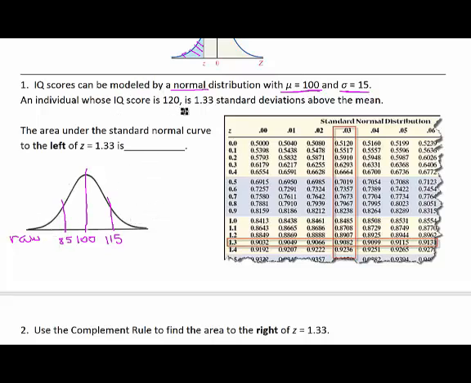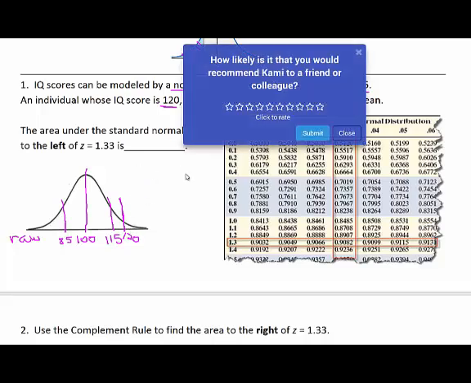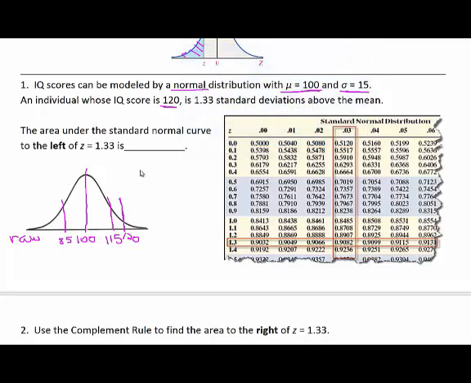Okay, so now it says an individual whose IQ score is 120. So that means they're falling way over here. So this is our 120 mark. Okay, the z-score is 1.33. And how they get that is they just use their z-conversion formula.